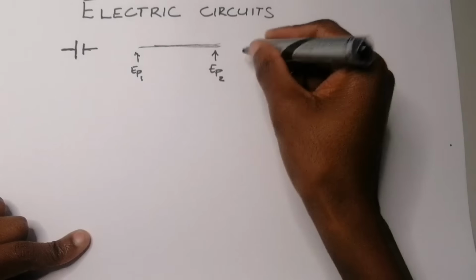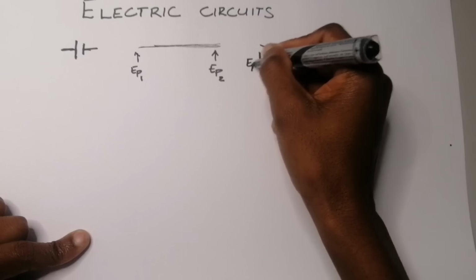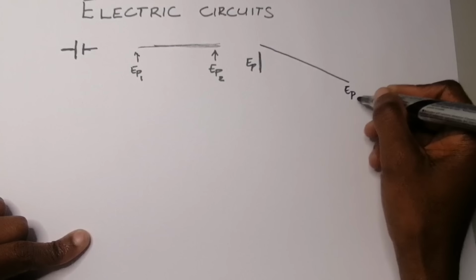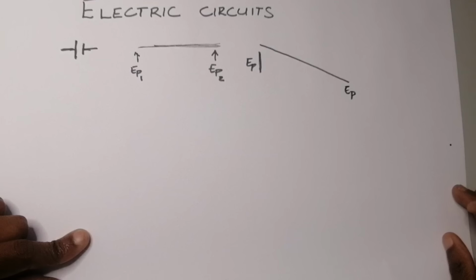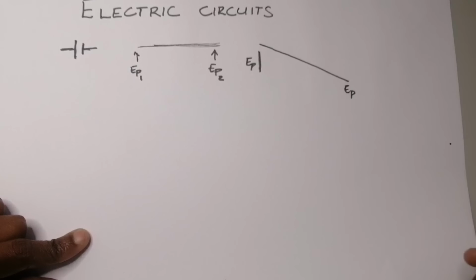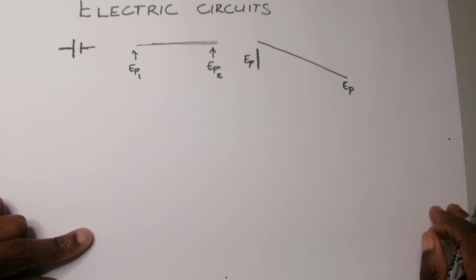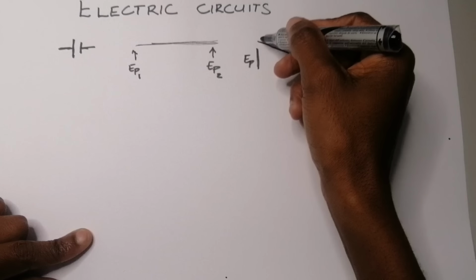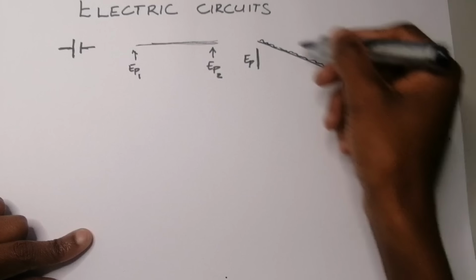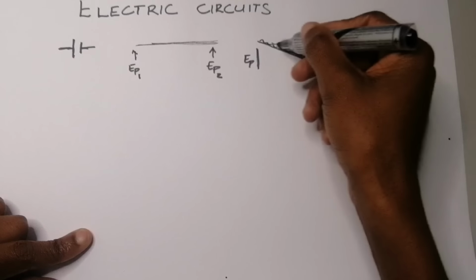So why is that? Because the potential energy on the one side is not the same as the potential energy on the other side, okay? So essentially what we say is that there is a potential difference. Are you with me now? So it means when there's a potential difference, in this case, the river will be able to flow.